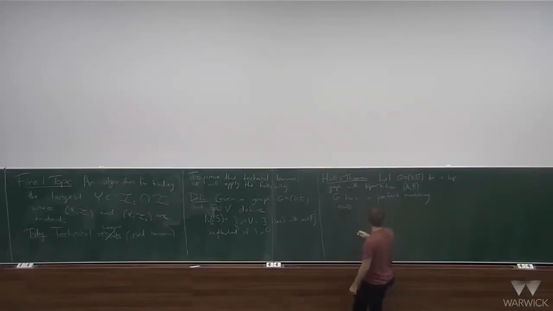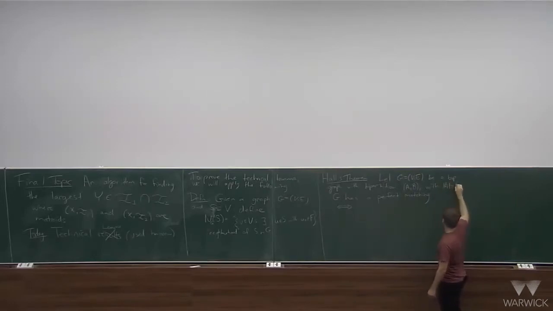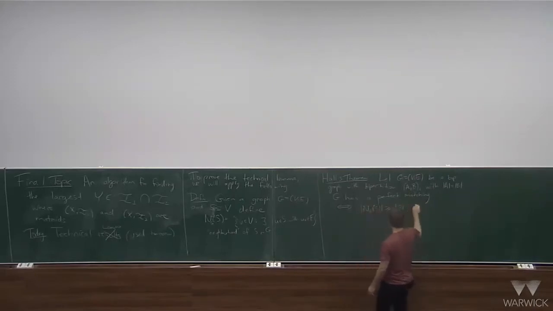Okay, sorry. So here, the bipartition has the property that the size of A equals the size of B. So G has a perfect matching if and only if the size of the neighborhood in G of S is at least the size of S for every S contained in A.